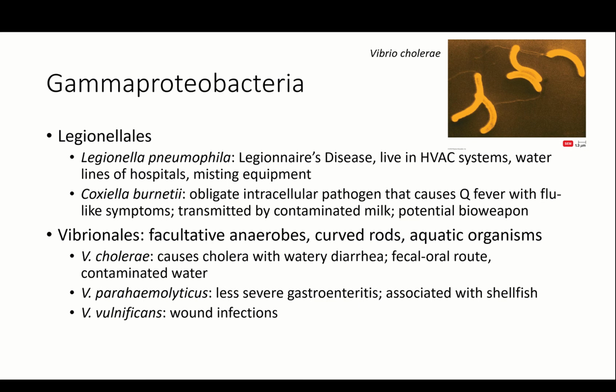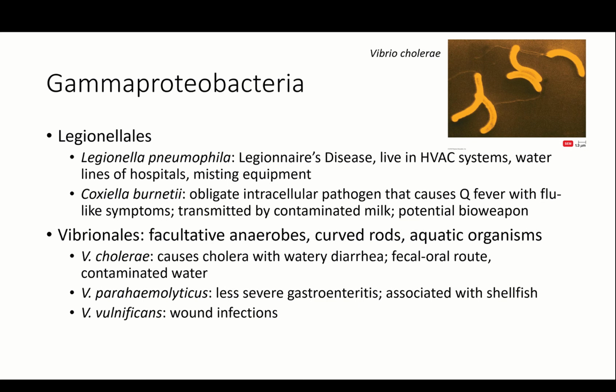Coxiella burnettii is another organism within this group. It is an obligate, meaning it has to be an intracellular pathogen, and it causes something called Q fever that has flu-like symptoms, which may seem a little bit minor, but it's actually considered a potential bioweapon because while flu-like symptoms doesn't seem that bad, if it's affecting a wide swath of the population, then community functions start to come to a halt.